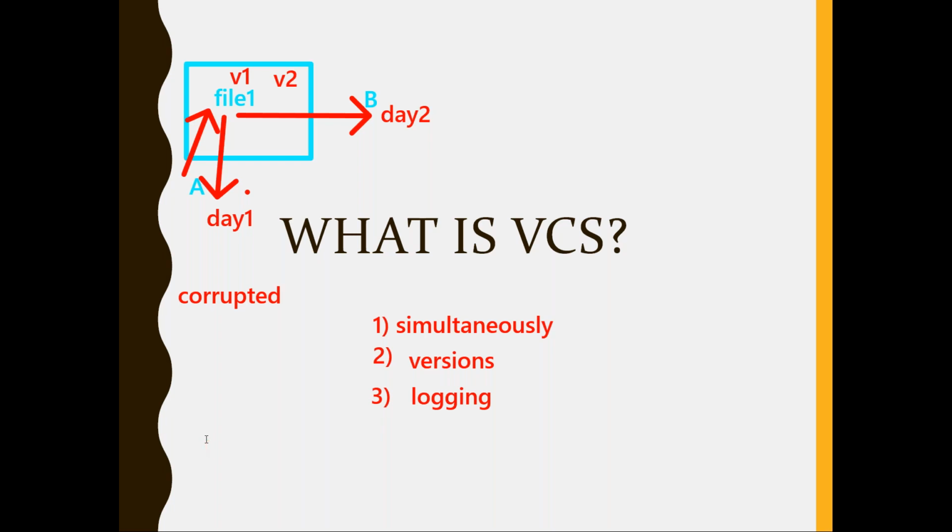We need a system which can provide this, like: file 1 was modified by developer B at 7:30 a.m., that's why the application crashed at 7:35 or 7:40, also on line number 8. This kind of detailed logging is important so that you know which person is making what changes. Even this is possible with a version control system.